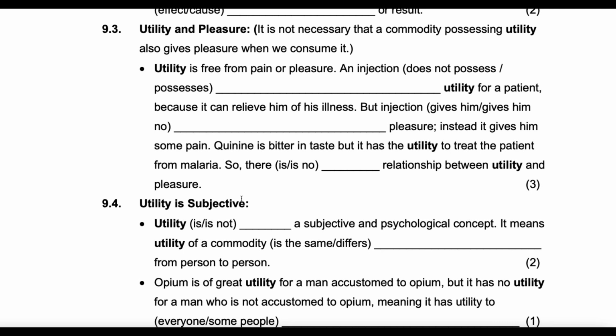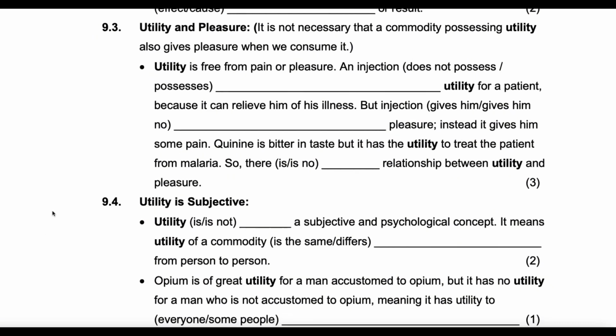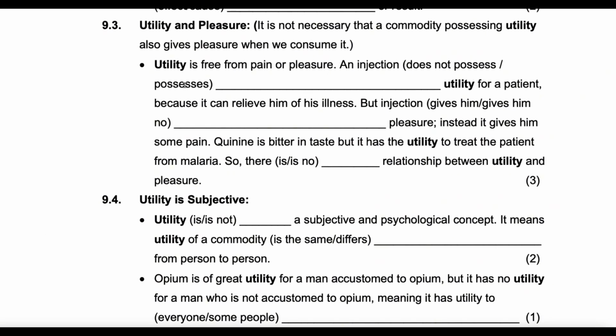A good example here is an injection possesses utility. So we're going to take possesses because it does. It has. The mere fact that an injection possesses utility doesn't necessarily mean that we are going to enjoy it. It's actually painful.